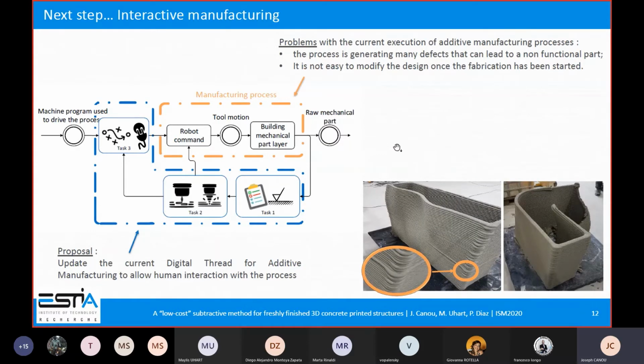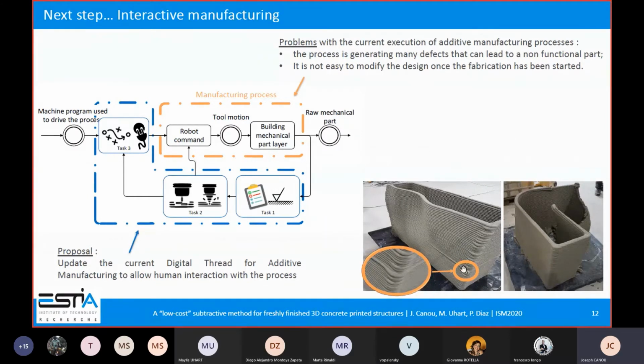And as mentioned just earlier, we think that thanks to this subtractive system, we could add something new into the 3D printing world. Usually, when you are printing, when you are doing some additive manufacturing, you can get some defects when printing.